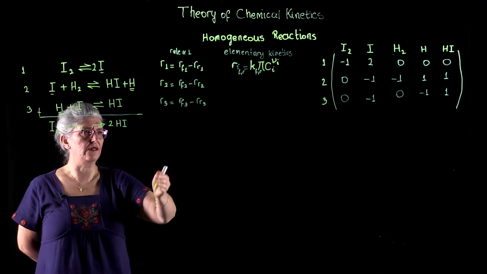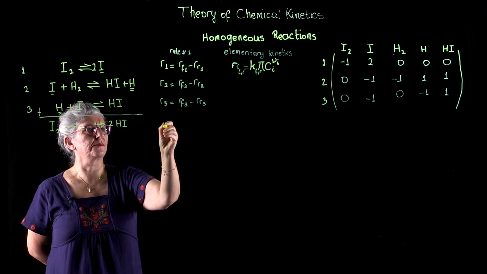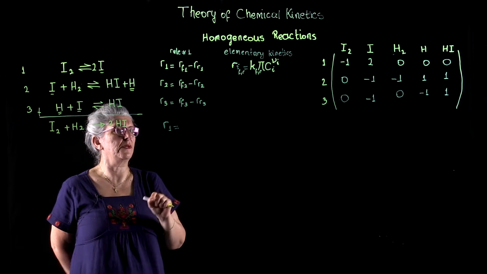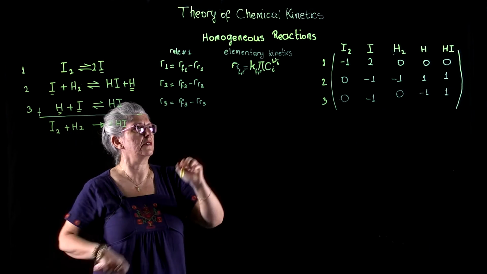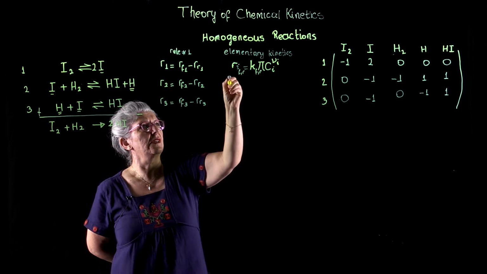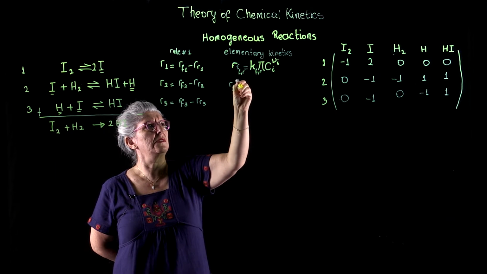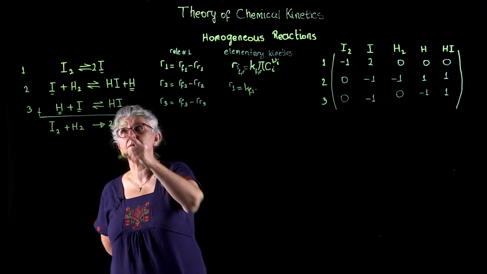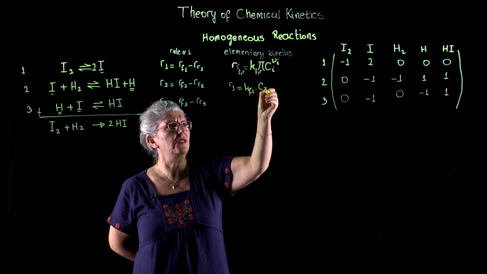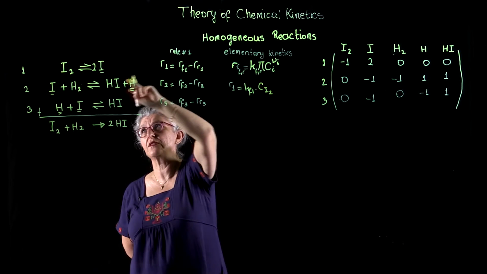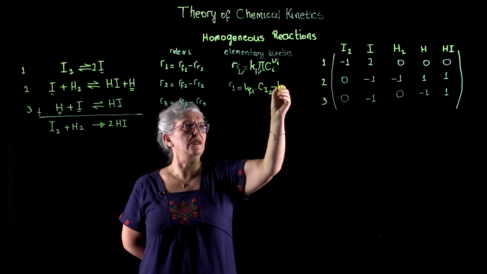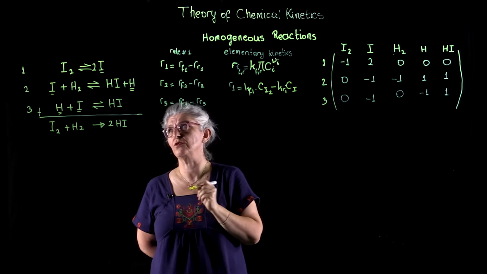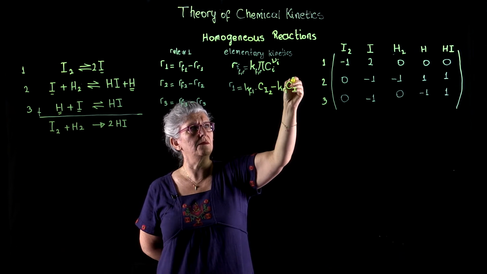Rate 1 is equal to K forward 1 times concentration of iodine molecule raised to the power of its stoichiometric coefficient, which is 1, minus K reverse 1 times concentration of the atomic iodine raised to the power 2.